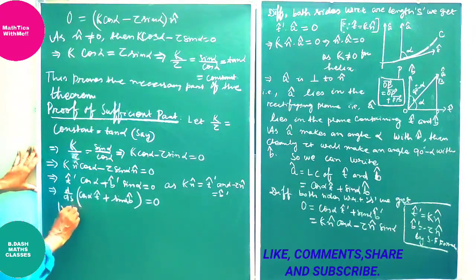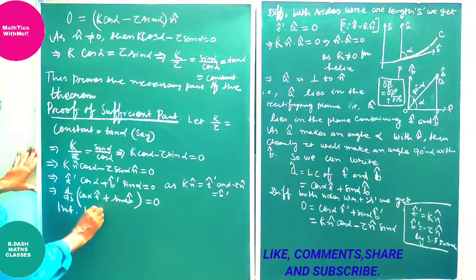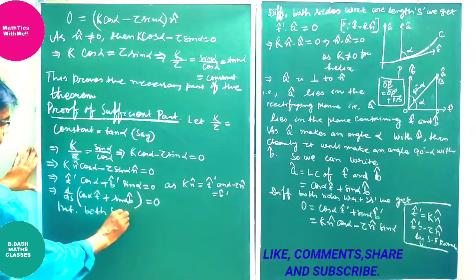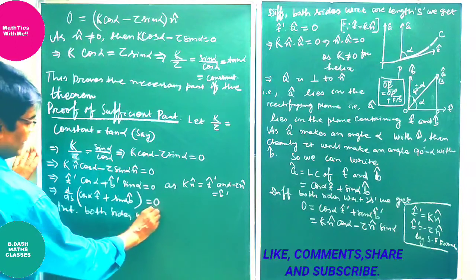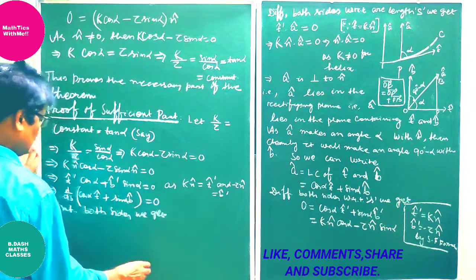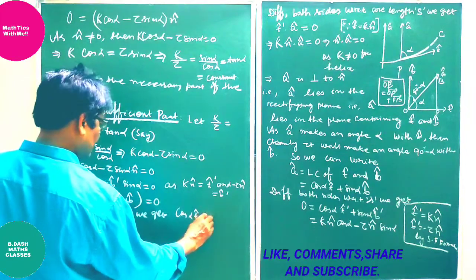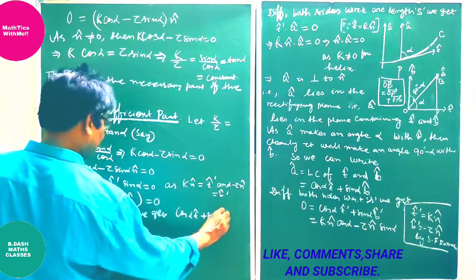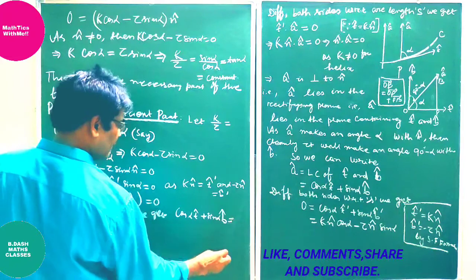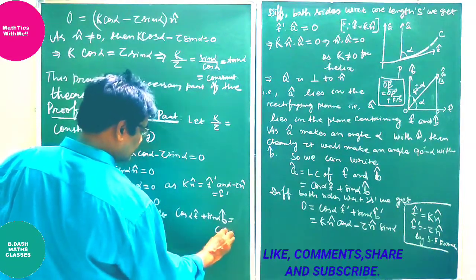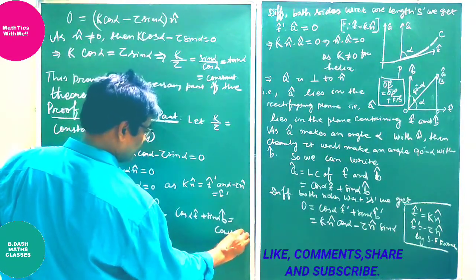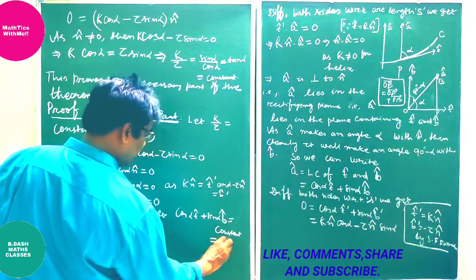So now integrating both sides, we get cos alpha T cap plus sin alpha B cap is equal to a constant vector, A cap.